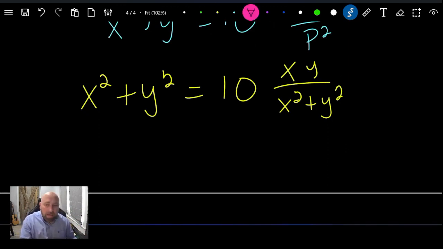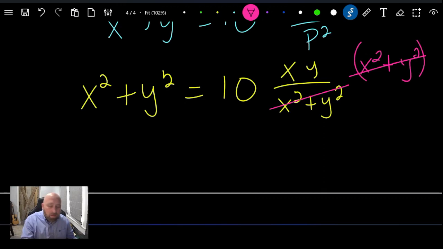Now you might say, I'm done. Well, not really, because we don't like that denominator, so we're going to multiply everything by x squared plus y squared. That's going to cancel that out. And then I'm going to multiply it by the same thing over here, so I can just put a squared over there, and that's our answer.